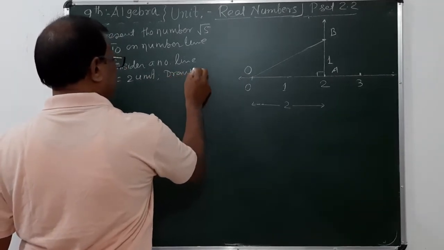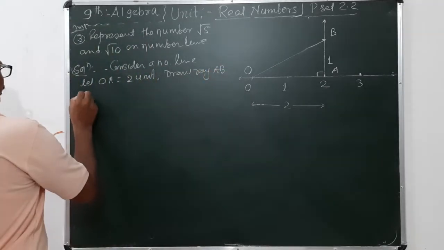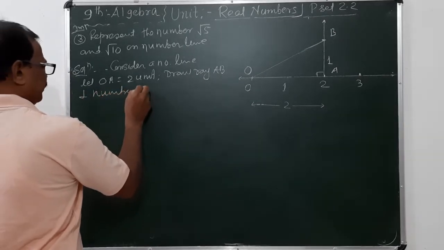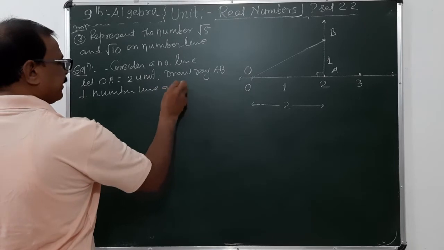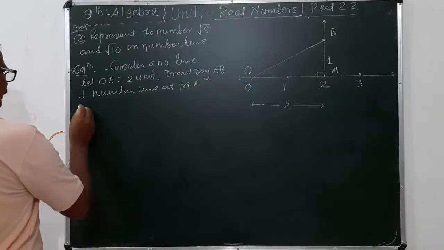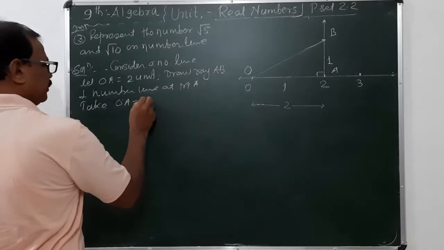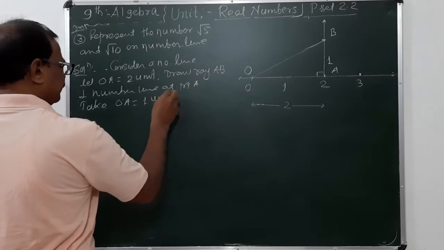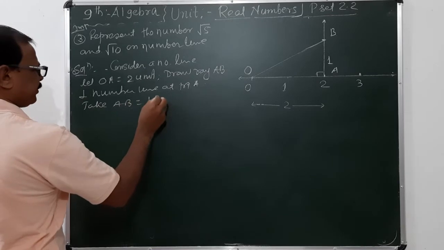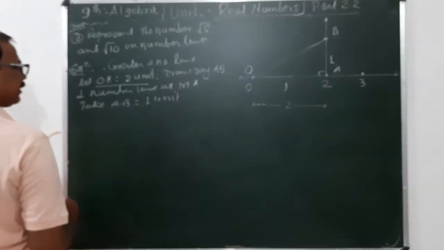Draw ray AB perpendicular to the number line at point A. Take AB equal to 1 unit. OA is equal to 2 units, already taken.